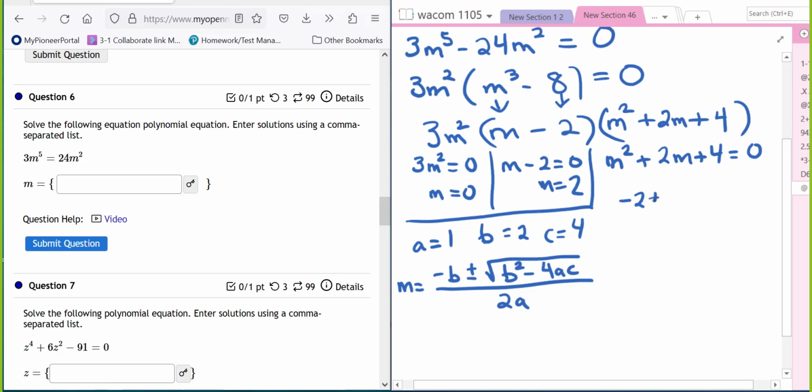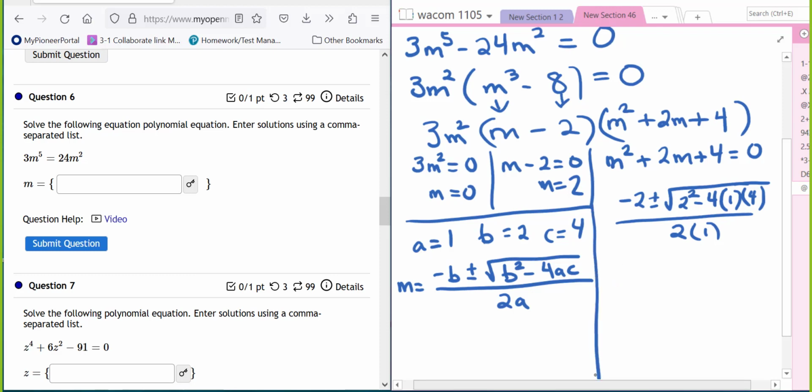Negative 2 plus or minus the square root of 2 squared minus 4 times A, which is 1, times C, which is 4, all over 2 times 1, which will give me 2.